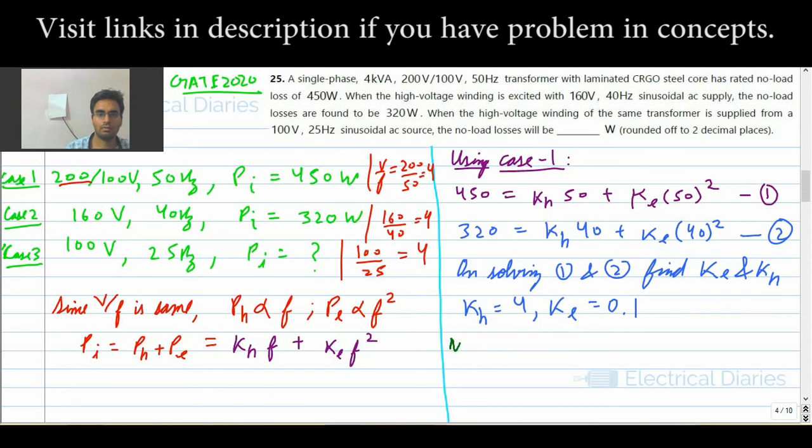So now for case 3, your iron losses will come out to be KH, which is 4 times 25, plus 0.1 into 25 square.